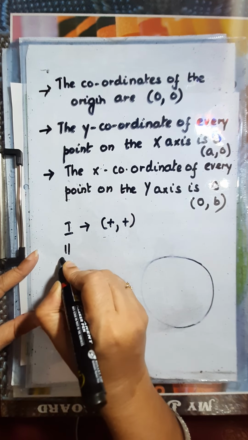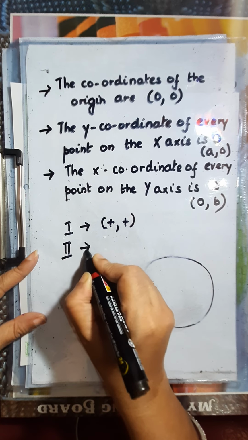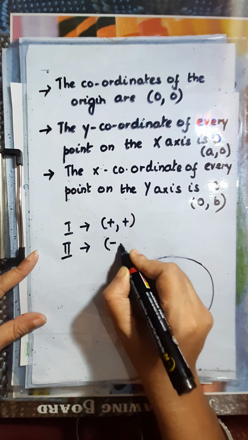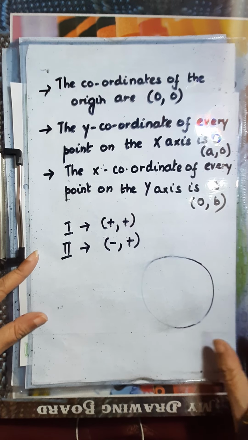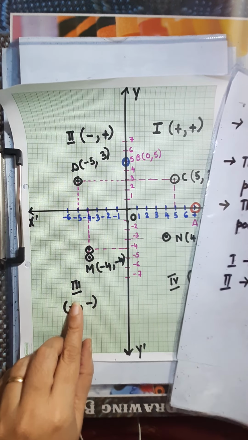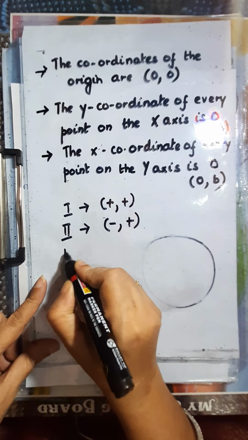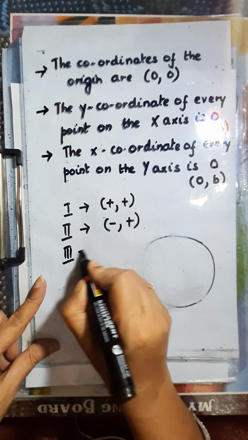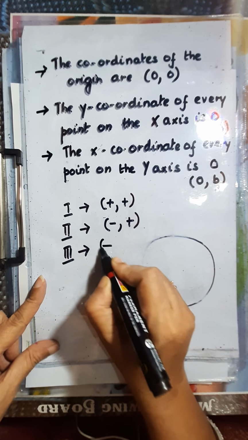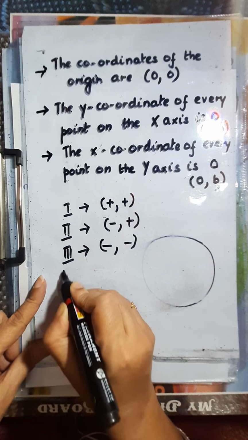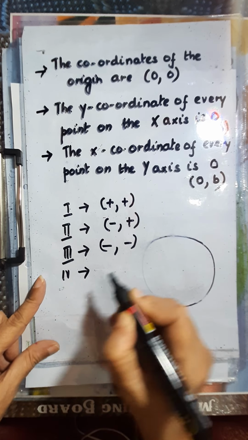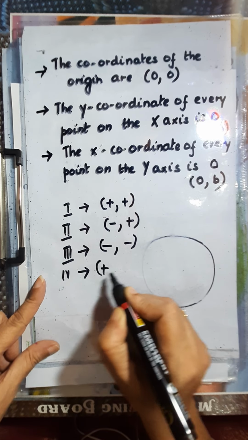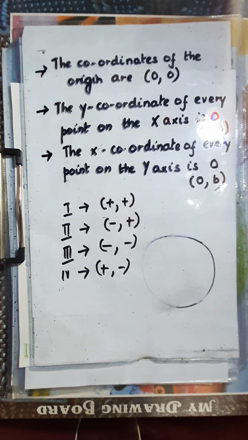In my second quadrant, minus and plus. In the third quadrant, both x and y will be negative. In the fourth quadrant, x will be plus and y will be minus.